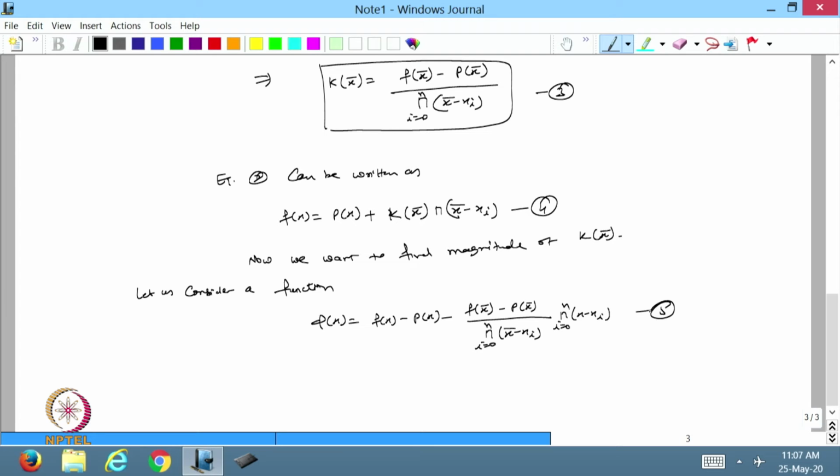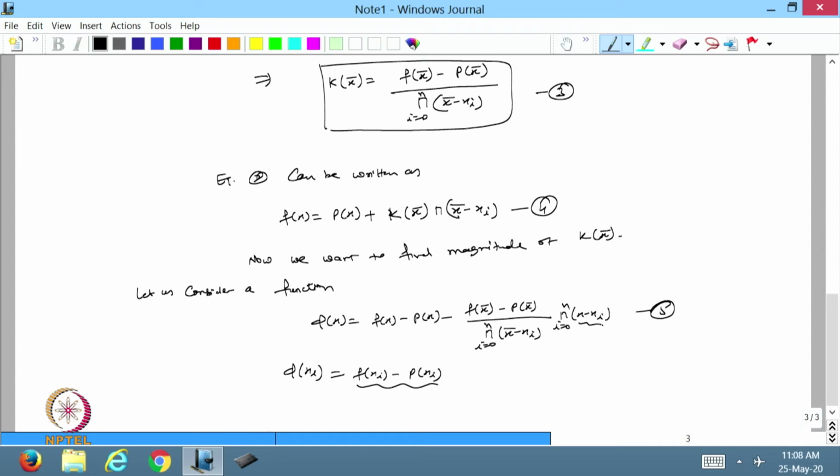Now, from here you can see phi at xi. If I put x equal to xi, then f(xi) minus p(xi) will be 0 because they are the same, and the product part will be 0 because I put x equal to xi.